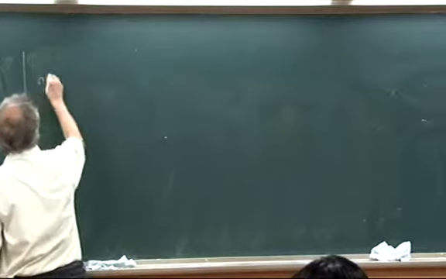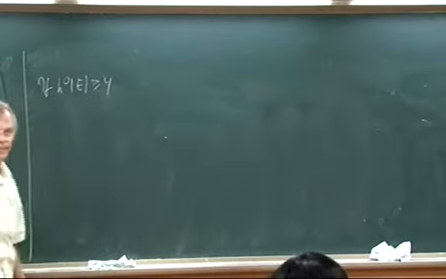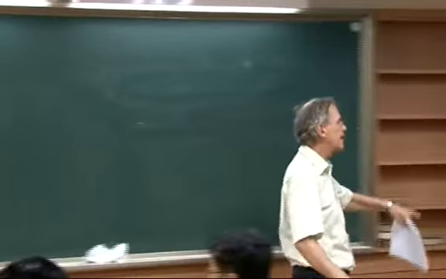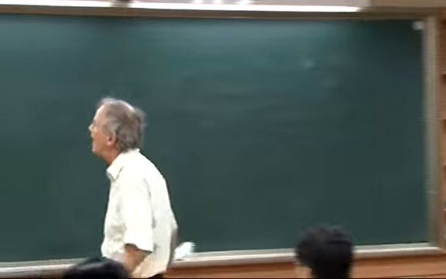So, if h0 of E is greater or equal to 4, then it contributes to gamma n prime, right? So by definition of gamma n prime, we know that gamma of E is greater or equal to gamma n prime.